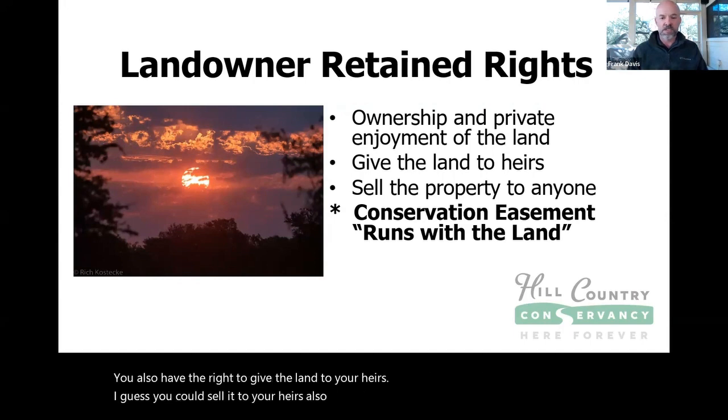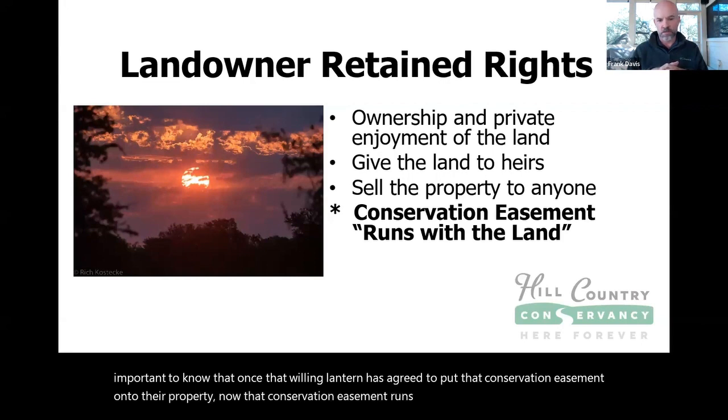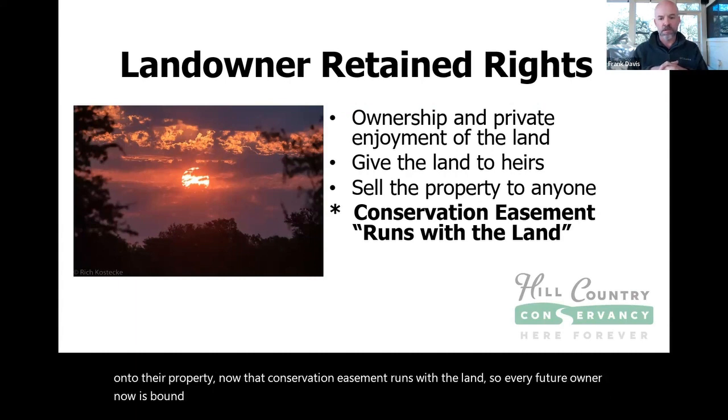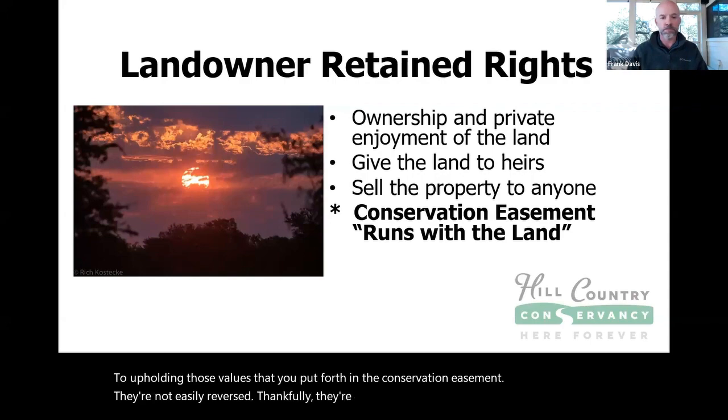You could sell the property to anyone, but it's important to know that once that willing landowner has agreed to put that conservation easement onto their property, now that conservation easement runs with the land. So every future owner now is bound to upholding those values that you put forth in the conservation easement. They're not easily reversed. Thankfully, they're intended to be permanent.